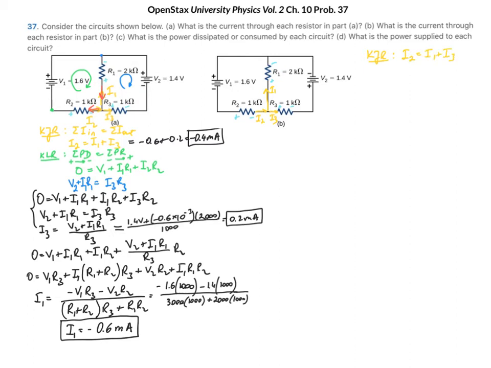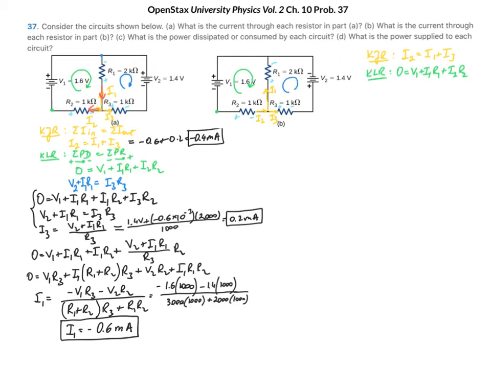And now I will pick loops, and I'll do this one again like this. And since nothing is different in this loop, I have the same thing as in the previous part. So 0 equals V1 plus I1 R1 plus I2 R2, which is still wrong. I haven't learned apparently. No, I did it on purpose. All right, and then the loop on the right will be a little bit different.